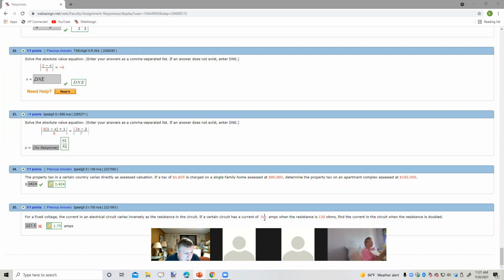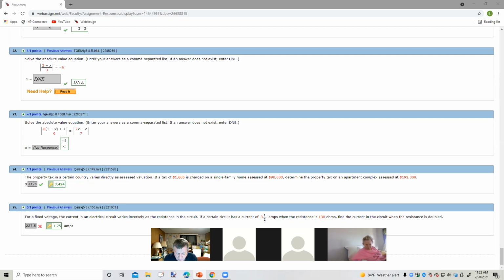It says the property tax in a certain country varies directly as assessed valuation. Okay. So we've got property tax. Let's call that P for property tax. Varies directly as assessed valuation, and assessed valuation, we'll call that A, okay?